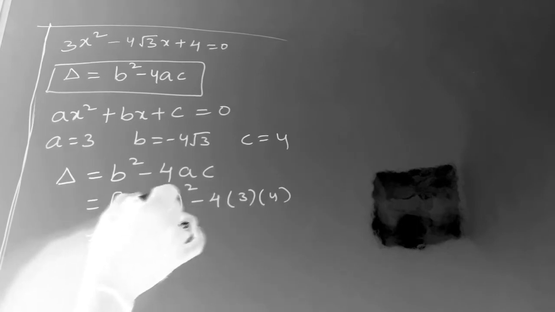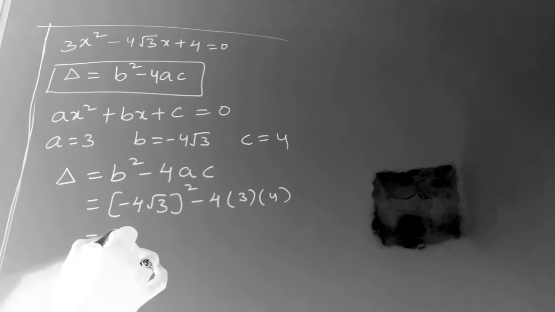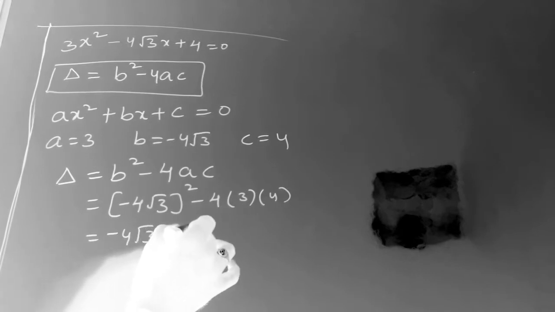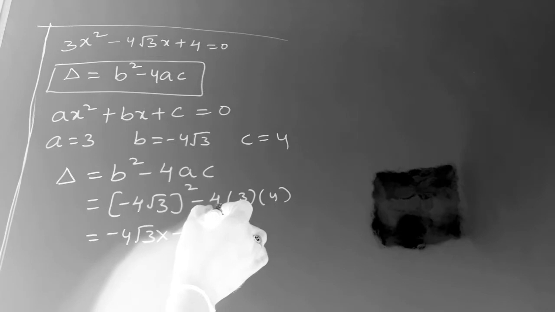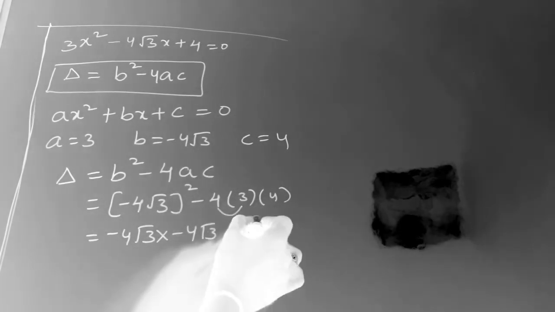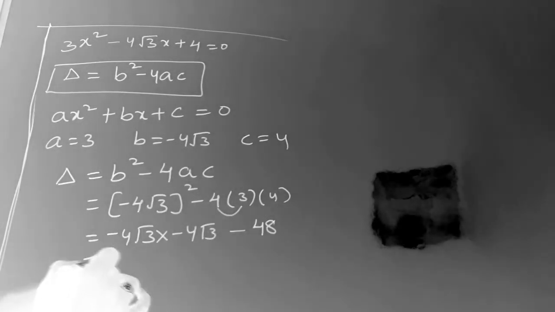So minus 4 times root 3 whole square is nothing but, just you see, minus 4 times root 3 into minus 4 times root 3. You write and expand. A square is nothing but a into a. Here you see 4 3s are 12, 12 4s are 48.